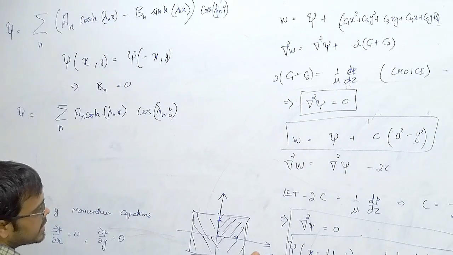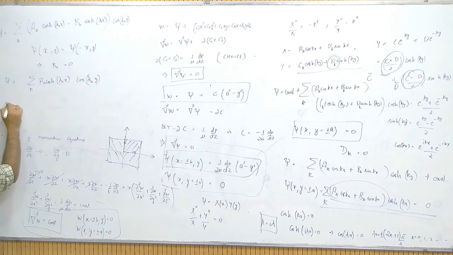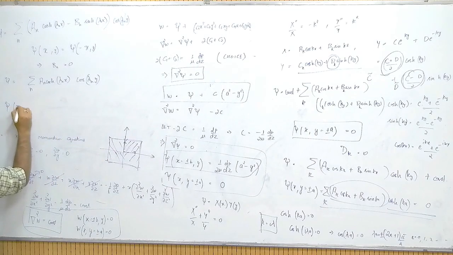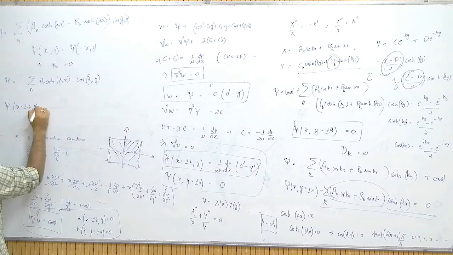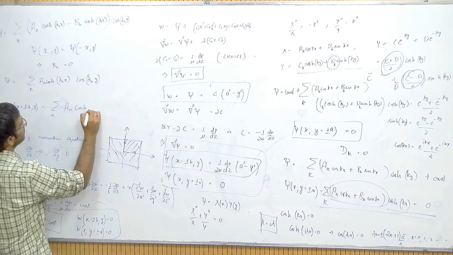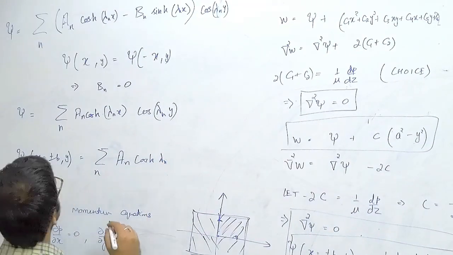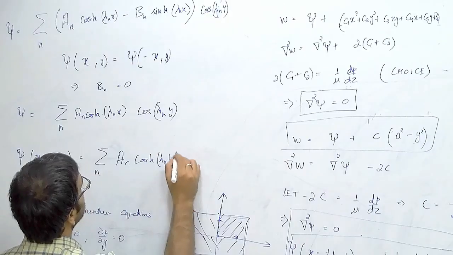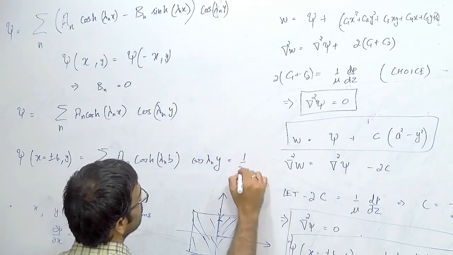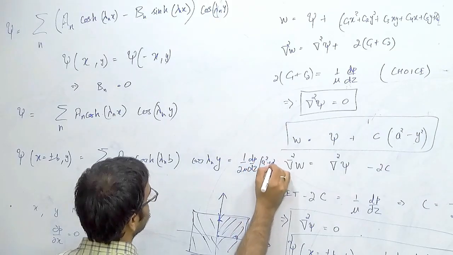To find these a n's, we substitute the boundary condition, that psi at x equals plus minus b, for all y, is sum over n a n cos hyperbolic lambda n b cos lambda n y, which should be 1 by 2 mu dp dz a square minus y square.